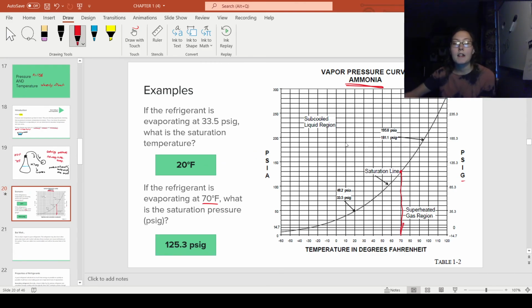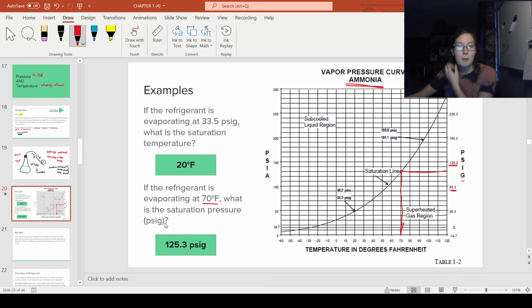What is the saturation pressure in psig? Follow it across. Now, you also have to notice that this pressure scale is not necessarily to scale, because it's a curve. I used to have a little thing here that would tell me, but it's somewhere between 85 and 135.3.